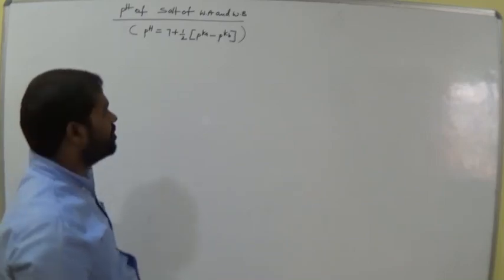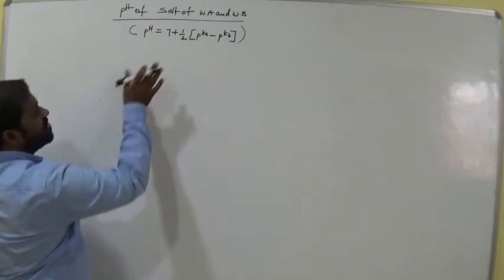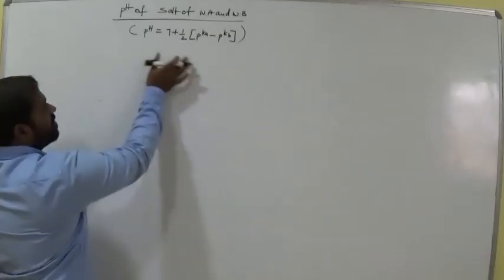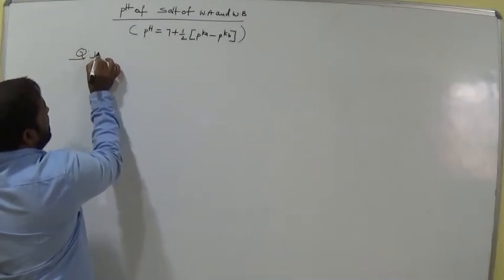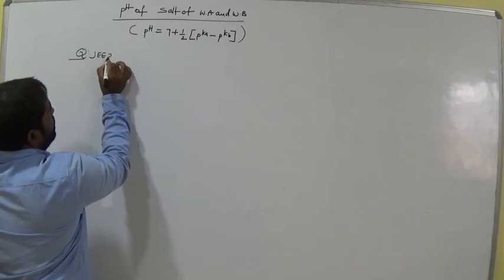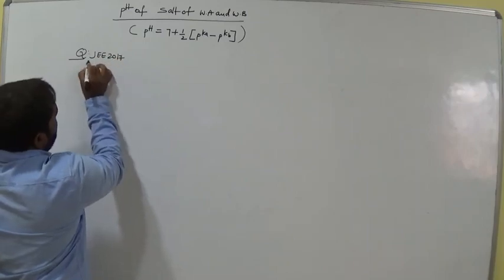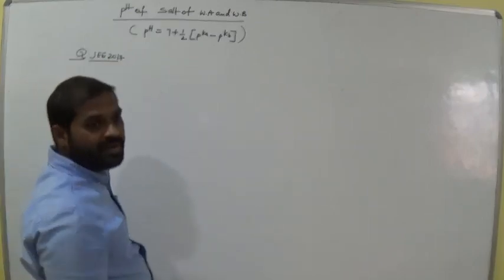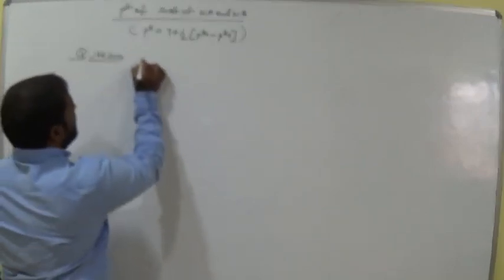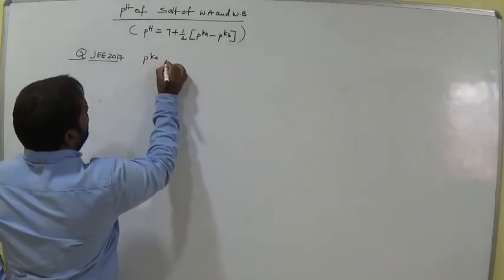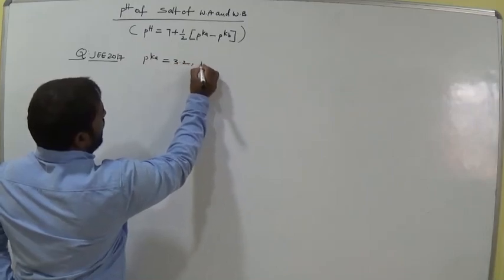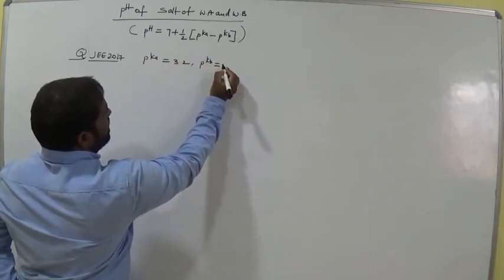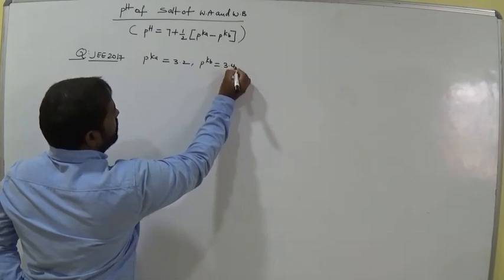Okay, direct formula. Let's see the question regarding this formula. In JEE 2017, we had a question from this formula. The pKa of weak acid is 3.2 and pKb of weak base is 3.4.